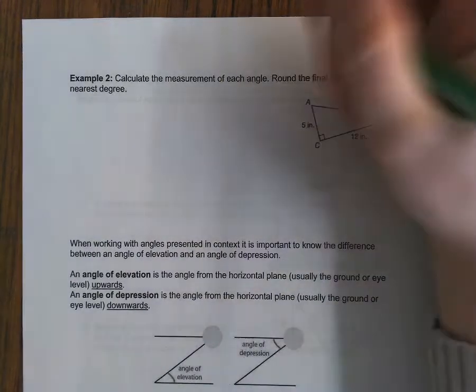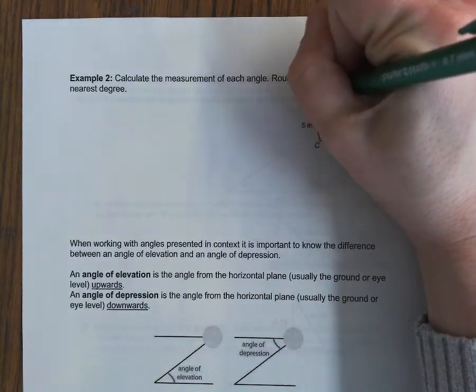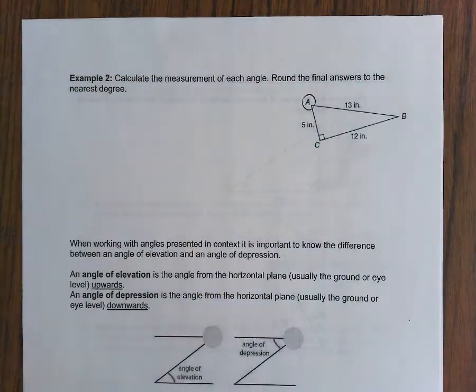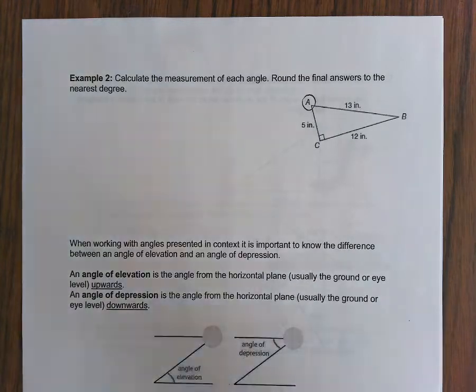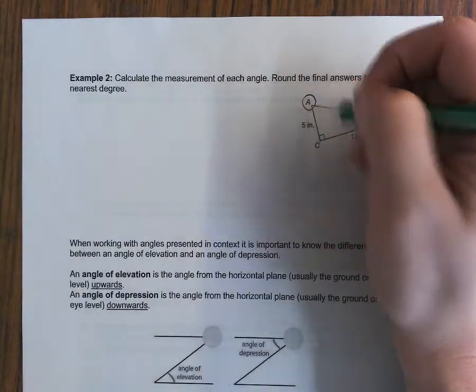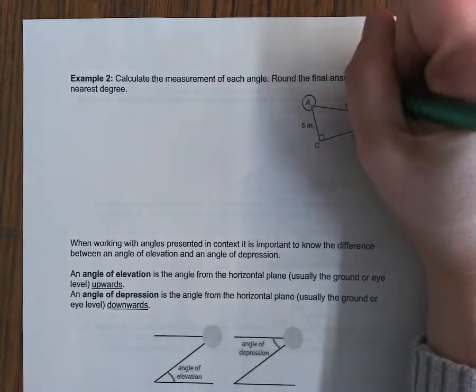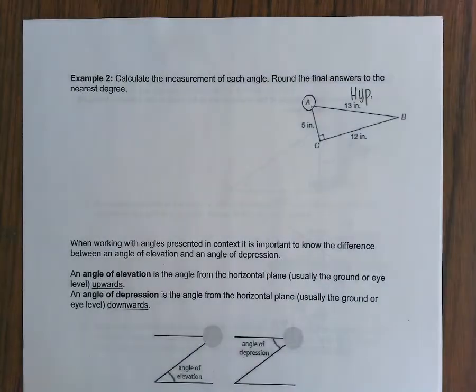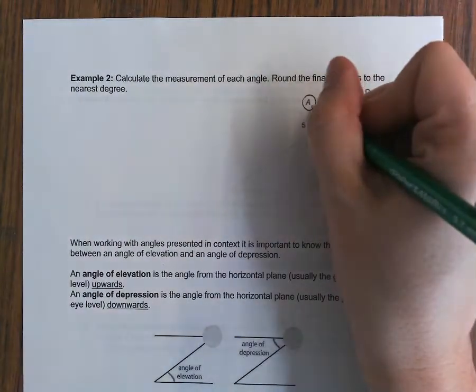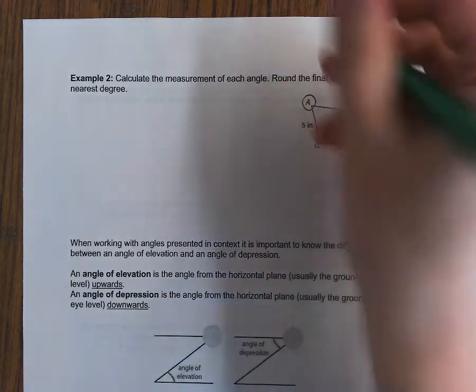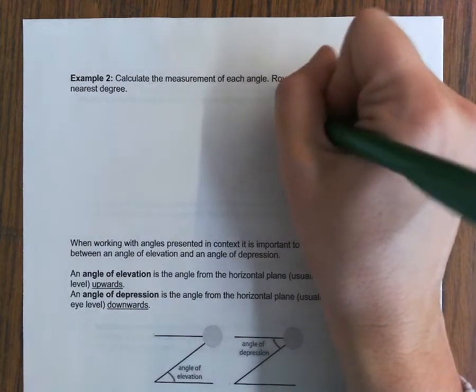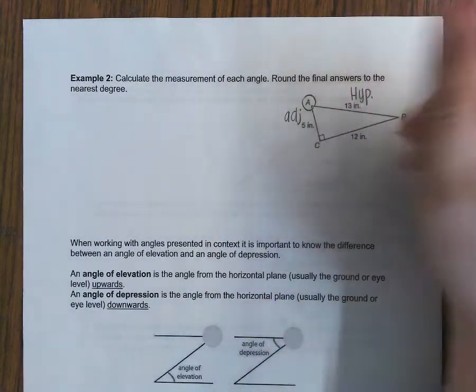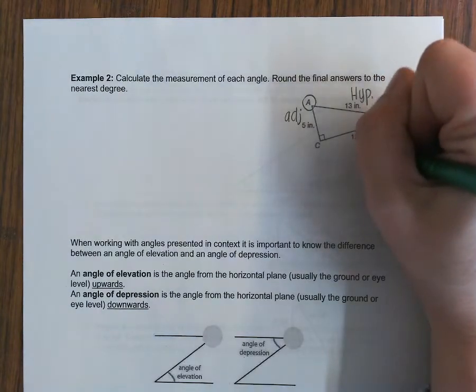So I'm just going to choose A, doesn't matter which angle we start with, and I'm going to label the sides according to side A. So I'll start over here with the hypotenuse. That's usually the easiest one to label. And this 5 inches is sharing a side, forming that angle. So it will be the adjacent, and the 12 is the opposite.